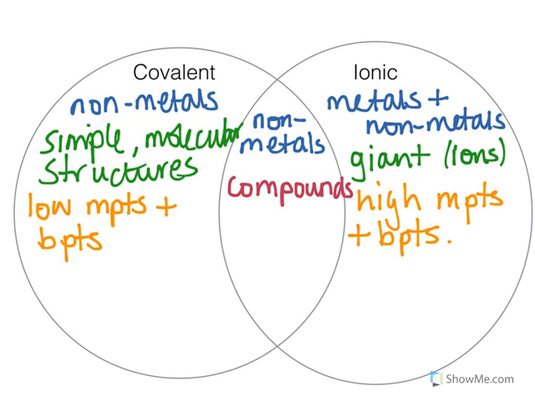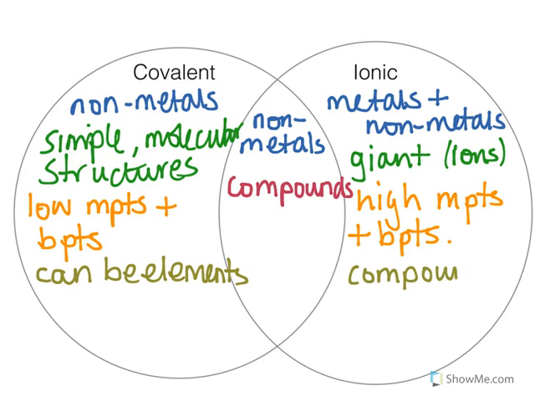This gives us an important difference in that covalent substances can also be elements, whereas ionic substances are compounds only, because they must, by their definition, contain a metal and a non-metal element, two different elements.